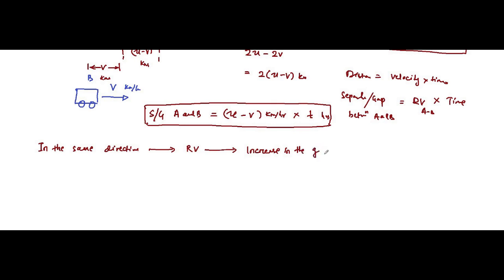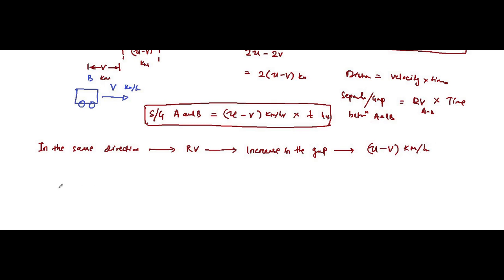The gap will keep on increasing between them, and it will increase at the rate of the velocity difference, the relative velocity. Here the gap will increase at a rate of u minus v kilometers per hour.